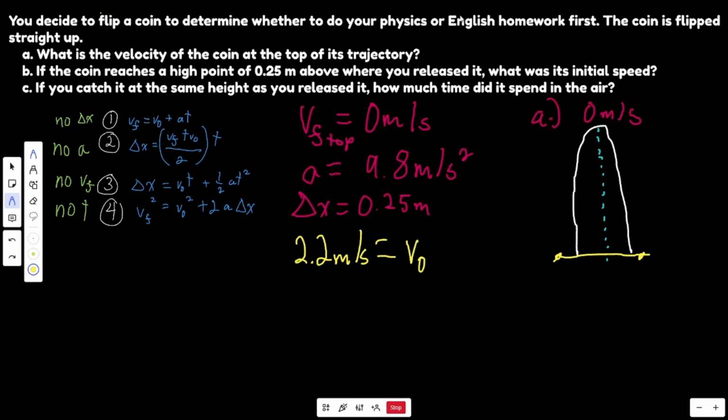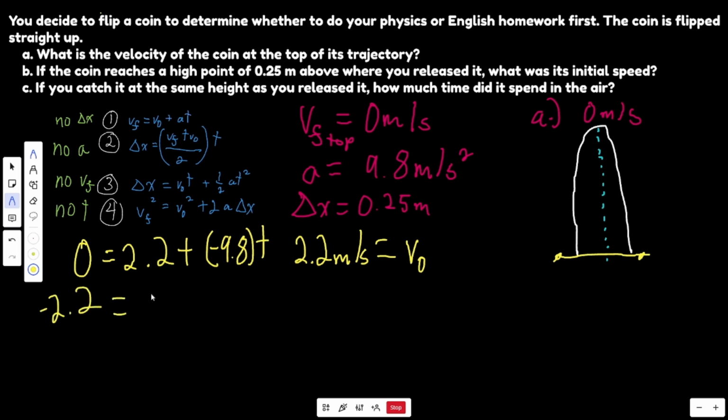So we're going to plug in our final velocity, which is 0, and this is equal to our initial velocity 2.2 plus acceleration, which is negative 9.8 times time. So once again, we're just going to transpose: negative 2.2 is equal to negative 9.8 times time. Divide both sides by negative 9.8, and we'll be getting a time of 0.2244899795.